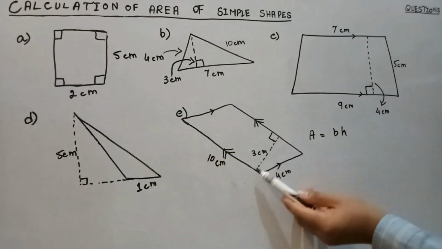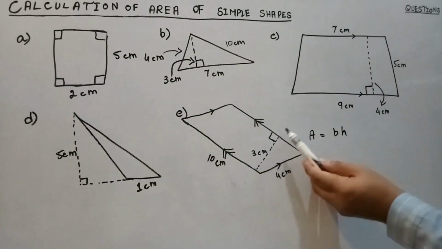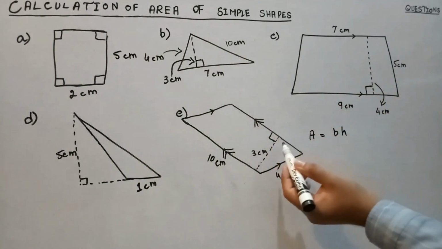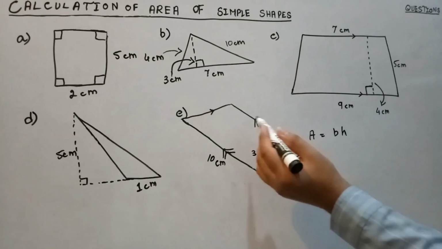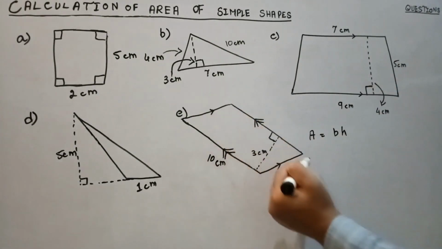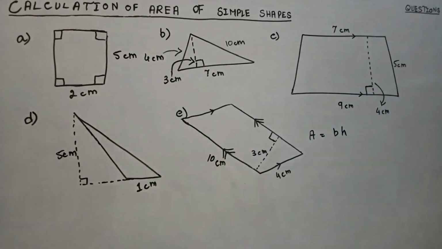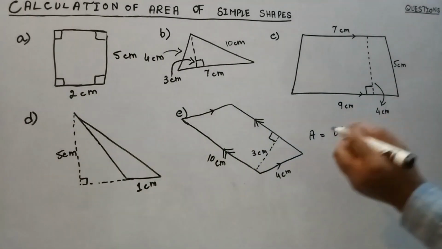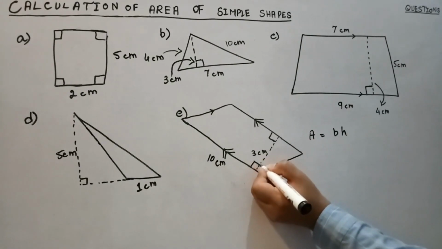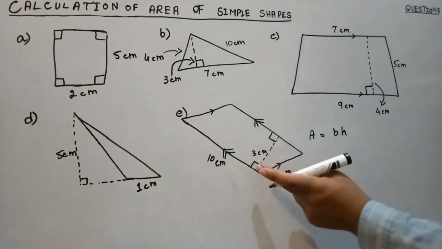You can see here a perpendicular distance is given to us. We can say a perpendicular line is drawn with respect to this line and this line, because both are parallel. So if 90 degrees is present here, it is also present at 90 degrees here.